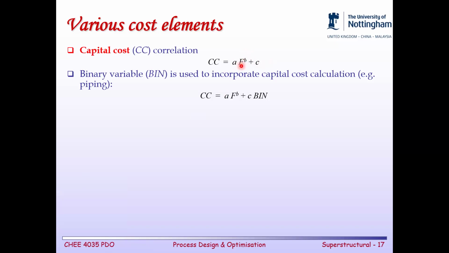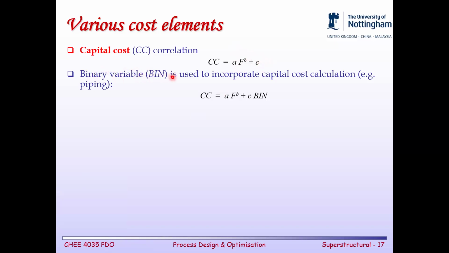So it's just an estimation of the capital cost. And you can find the values for A, B, and C from the literature, depending on the equipment and the type of material.